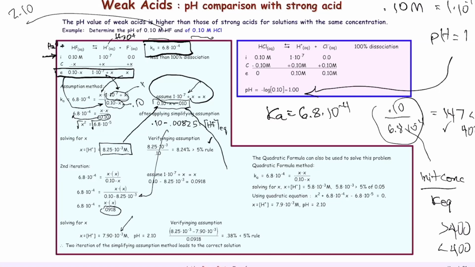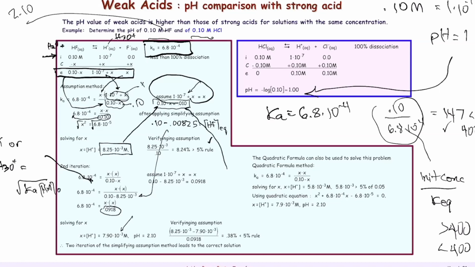The reason why the shortcut works is because most problems will ask you, what is the pH? What is the hydrogen ion concentration? What is X? So the X value, or the H3O plus value, is equal to the square root of the Ka times the original acid concentration.